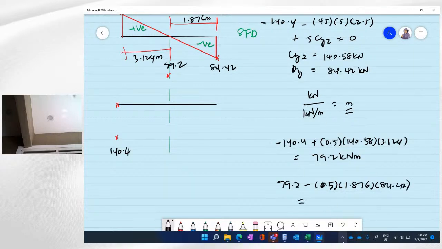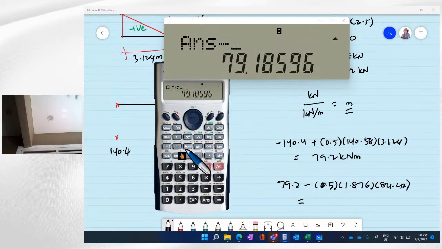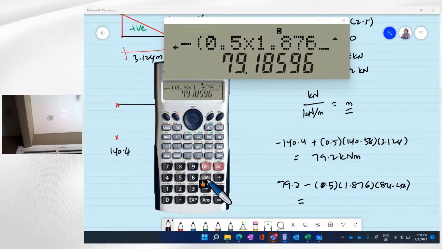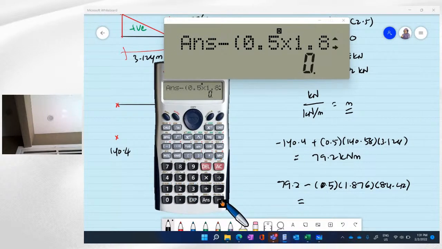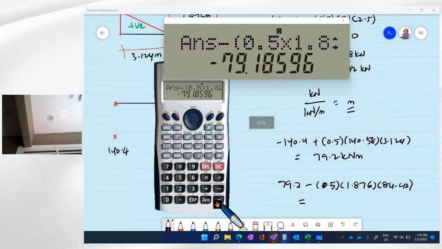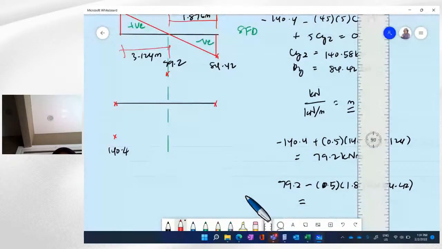Check the answer. We get 0. So the last value is 0, then this is correct. So then we just need to join this.